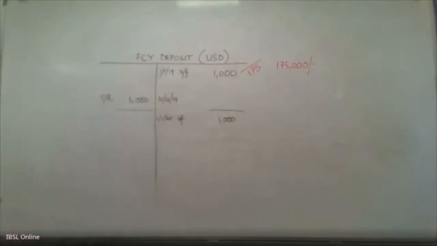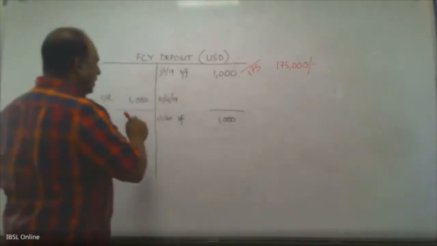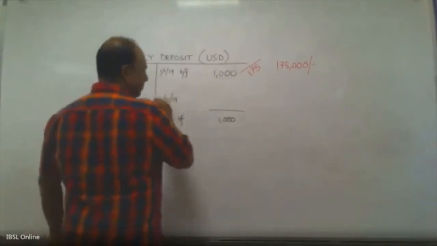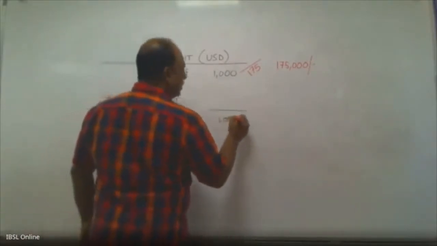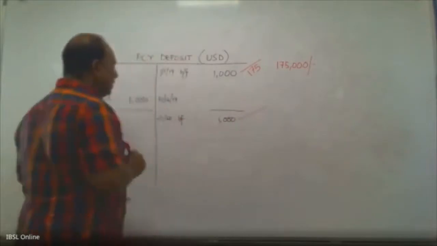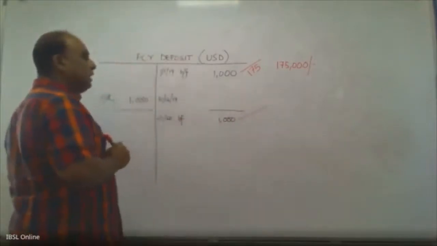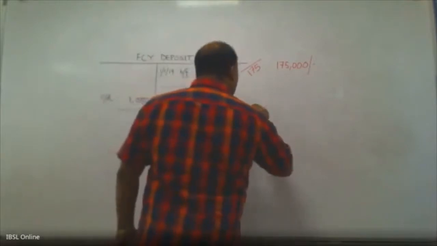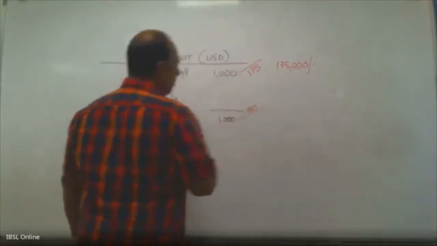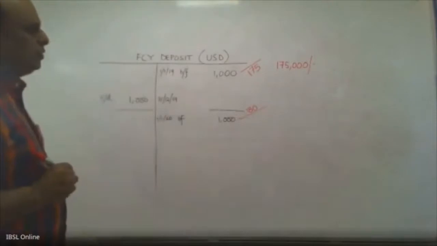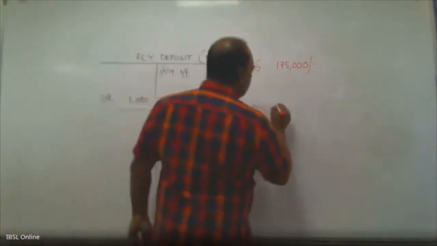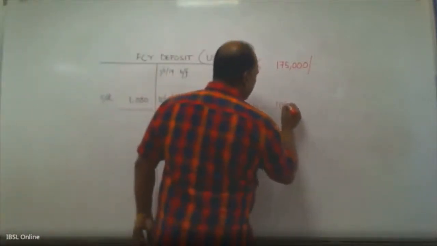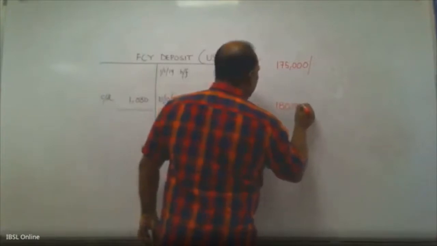There is no difference. Now, as at the year end, 31st December 2019, let's say the dollar rate has gone to 180. So what is my rupee balance now? 180,000.